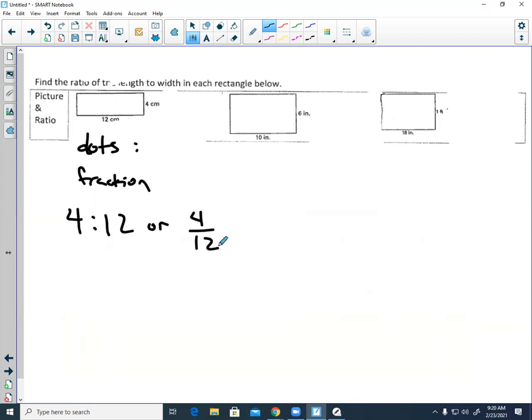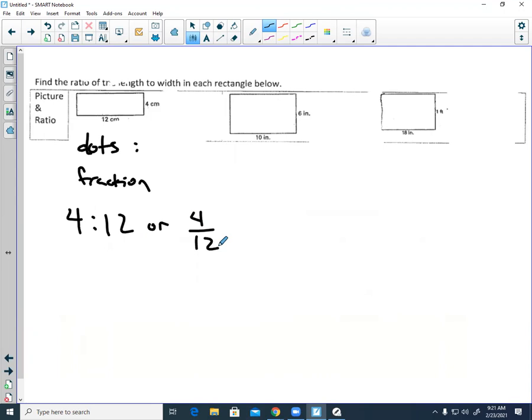Now, do you guys know how to simplify fractions? Do we know how to simplify a fraction? Right here, simplify 4 over 12. Okay, so what Blake is saying is we find something that we can divide the top and the bottom by.